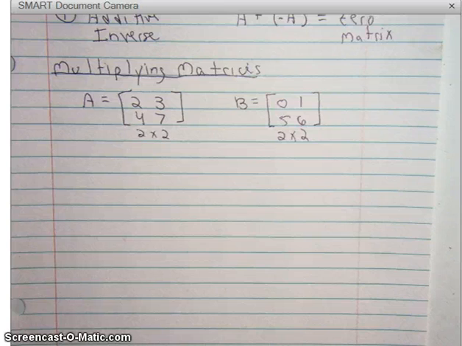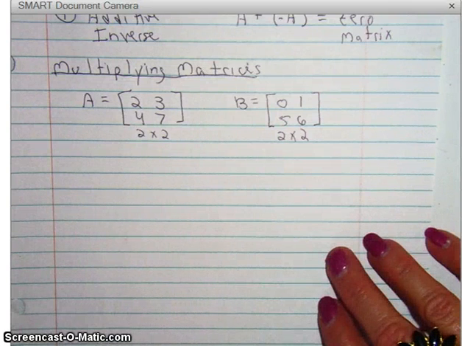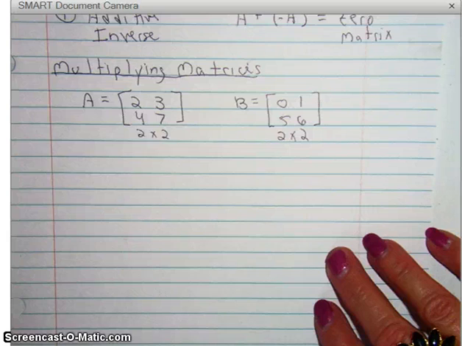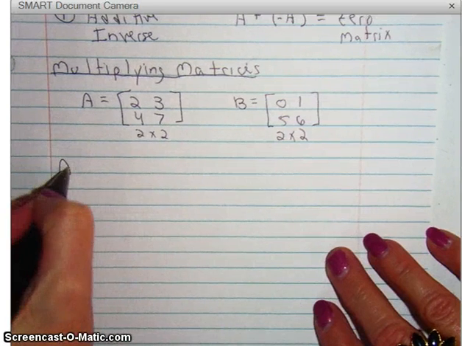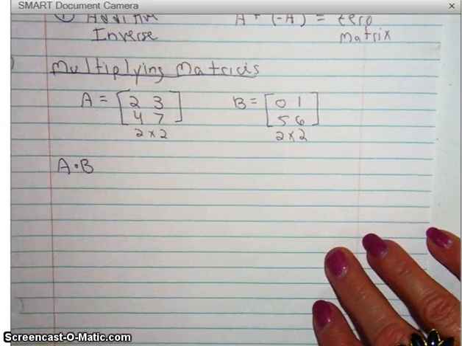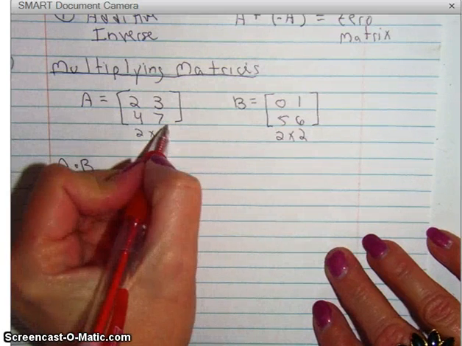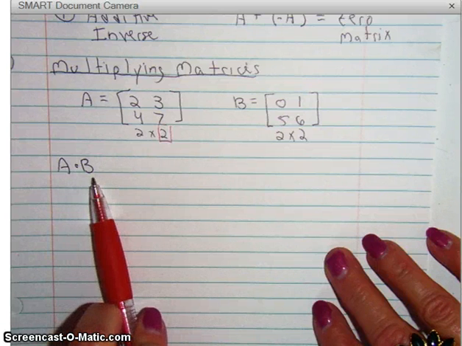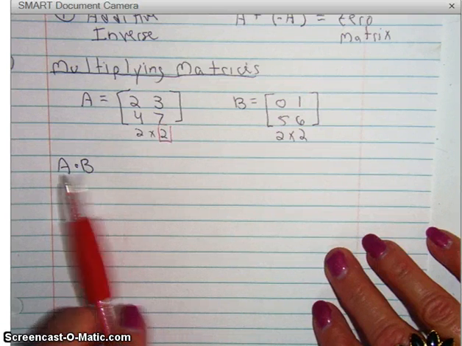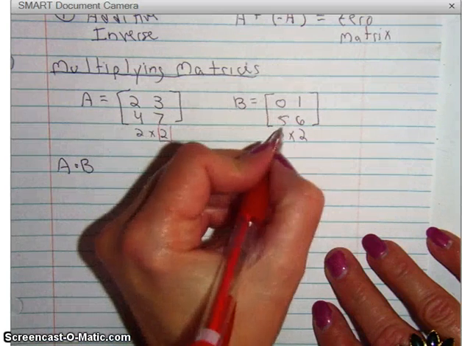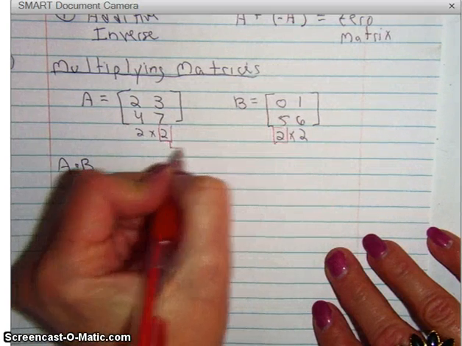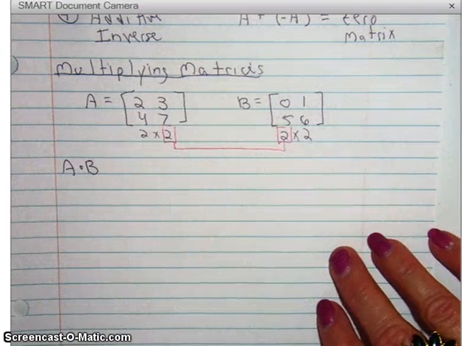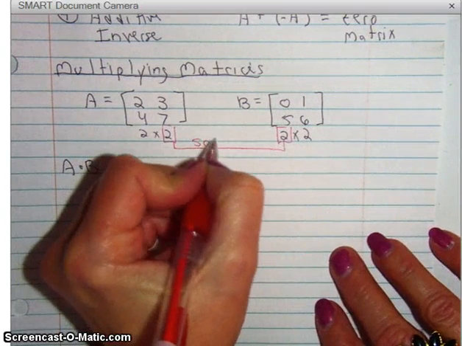Biggest thing about multiplying is, if we're going to do A times B, these inside dimensions, and this means A has to be on the left, B has to be on the right, because we're going to do B times A in a minute also. So A times B, these inside dimensions have to be the same.